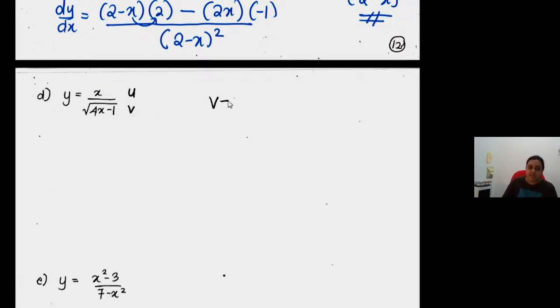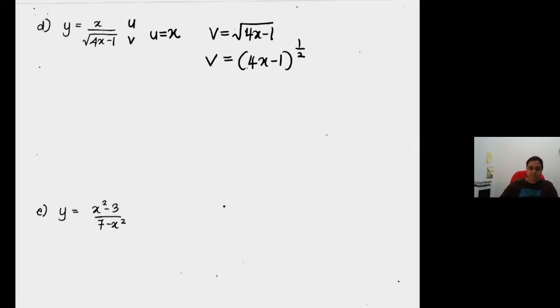But for your V, first you write like this. Make sure to change, because this is square root, so you have to change to power 1 over 2. So the U will be your x. So DEF is also for you all to try. Next class we will discuss the answers for this.